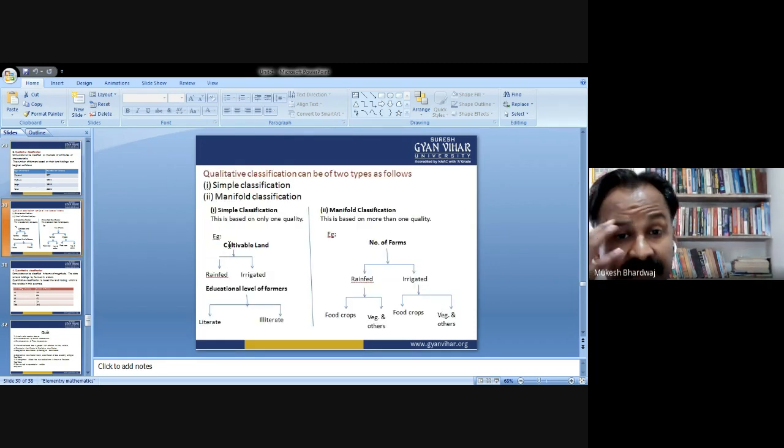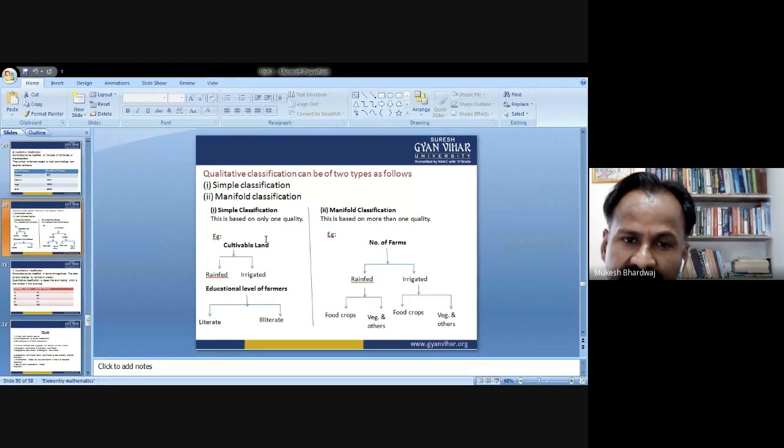Now, qualitative classification can be of the following two types. First is simple classification, and second is manifold classification. Simple classification is based on only one quality. If you classify the data on a single quality, that is called simple classification under qualitative classification.